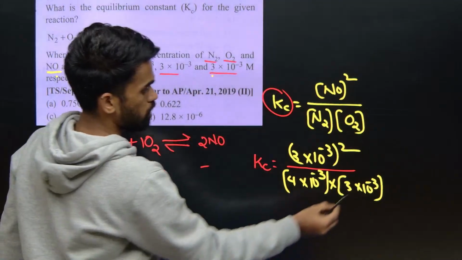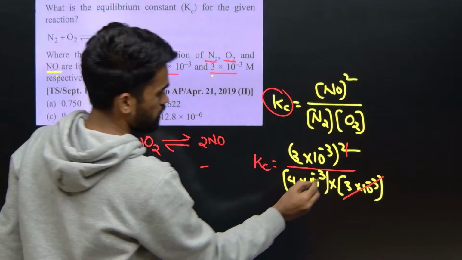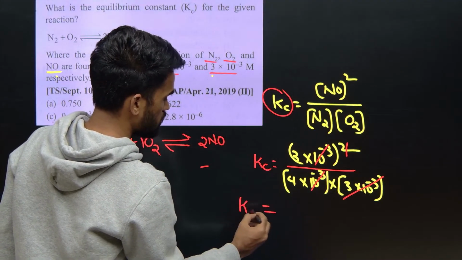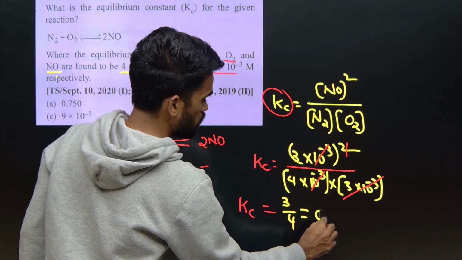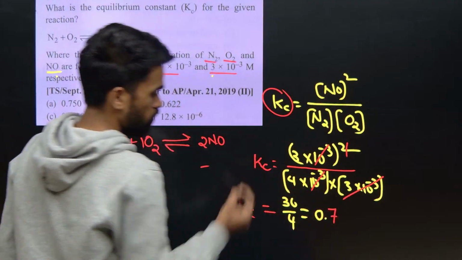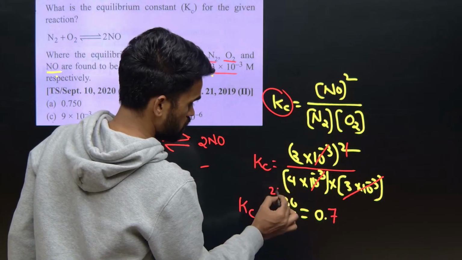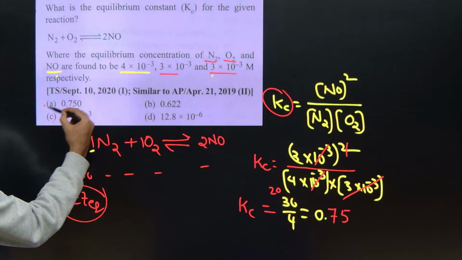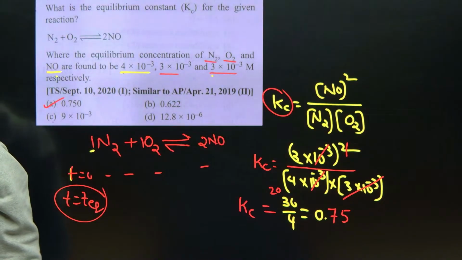Okay, so you can cancel this 3 into 10 power minus 3 and this square as they are the same, and this 10 power minus 3 and this 10 power minus 3. Finally, you have Kc as 3 by 4. So you can say 0 point, 7 fours are 28, and you are remaining with 2 and 0 5. So 0.75 will be your answer, that is the first option will be the perfect answer for the question, right?